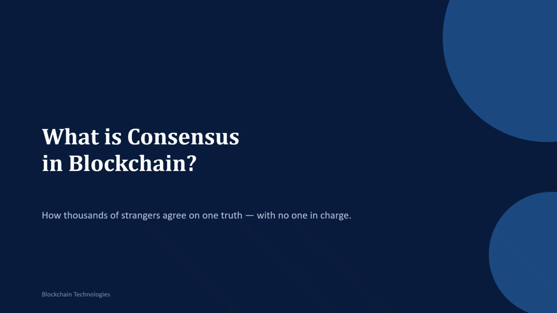No meeting, no paperwork, no trust. How is that even possible? The answer is one word: consensus. And by the end of this video, you will understand exactly what that word means and why it's the single most important idea in all of blockchain.